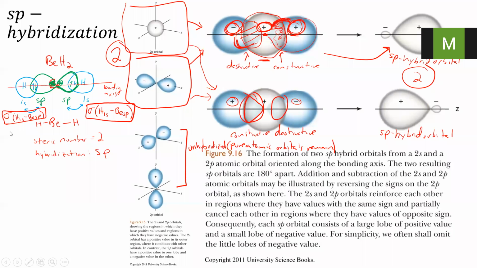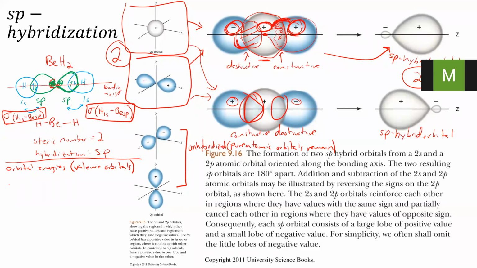Another thing to think about in this is orbital energies and how those orbital energies come together. In particular, we're going to look at the valence orbitals. If we think about the orbital energies of the valence orbitals, we're going to look at the beryllium valence orbital energies.